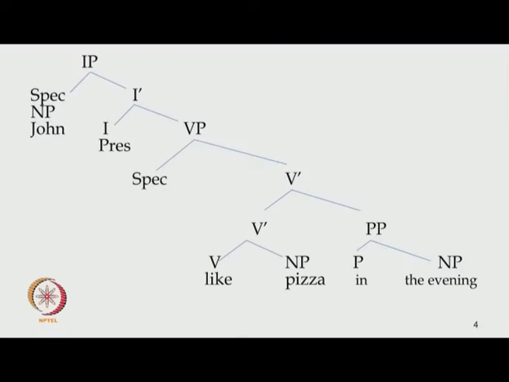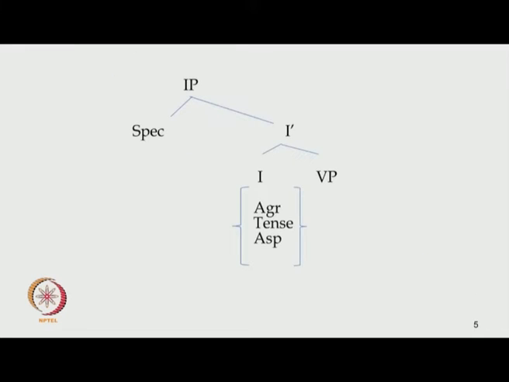This is how a sentence looks in a normal situation, right? For which the idea was there doesn't seem to be a compelling reason for us to allow agreement, tense and aspect under one bundle.